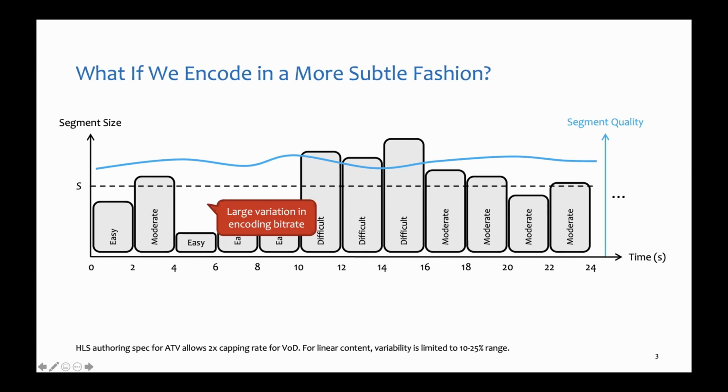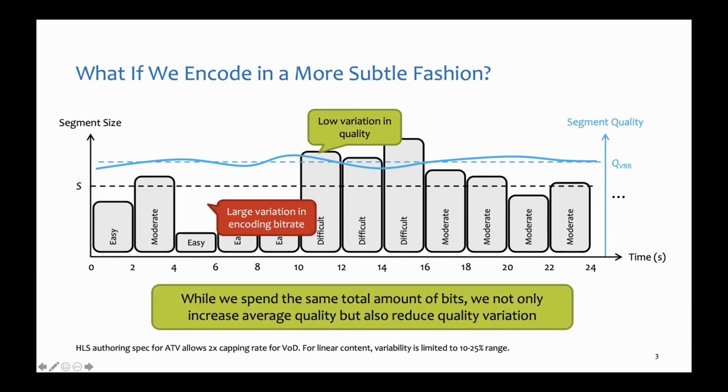But for linear content, it's still up to 25% bitrate variation. It's still not that good, but it's still much better than what we used to have in the past, right? So we don't use more bits, but we use the bits more wisely, and that helps with the quality.